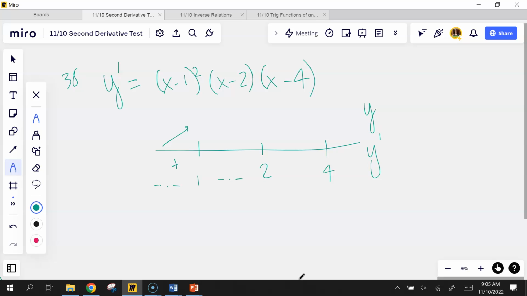Am I positive again? And then between 2 and 4, positive here, but a negative there, so I'm negative. And then as I get bigger, I'm positive and positive, which is positive.